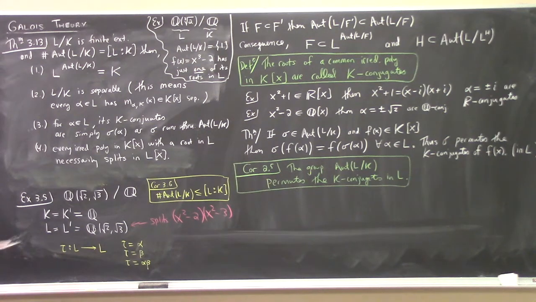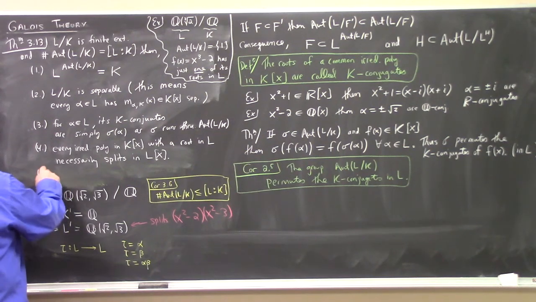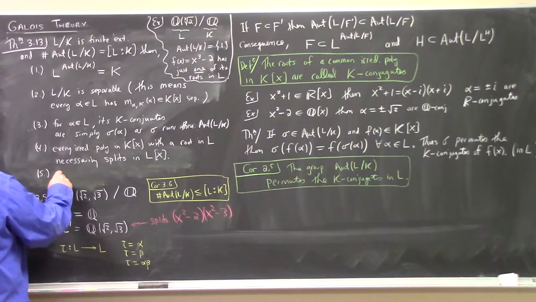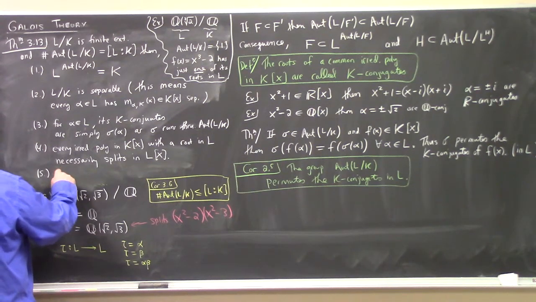In contrast, this one we do, because there are 4 automorphisms, and this is a degree 4 extension, this biquadratic extension. And then 5, L is the splitting field over K of a separable polynomial.